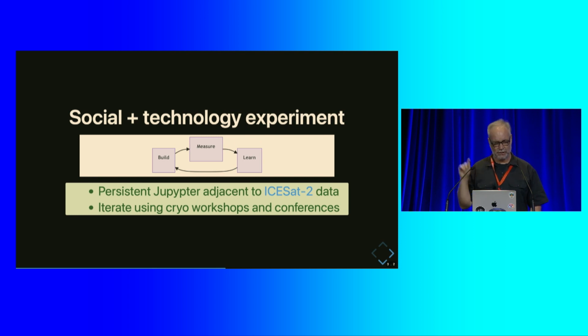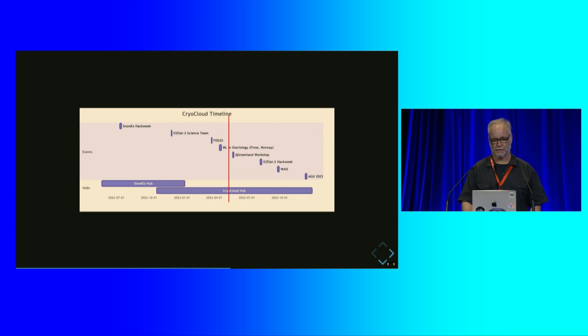And so this build, measure, learn loop is a process for us to get feedback through the experience of learning at workshops and conferences and test whether or not we're really moving forward on these objectives of open science.